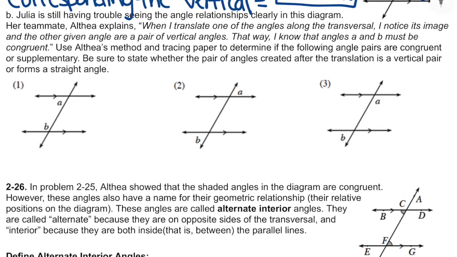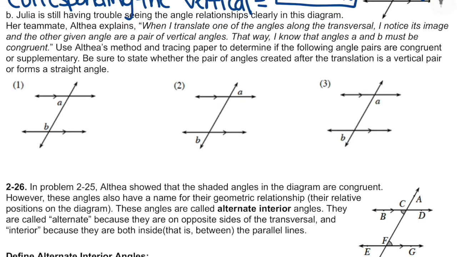Part B, it says, Julia is still having trouble seeing the angle relationships clearly in this diagram. Her teammate, Althea, explains, when I translate one of the angles along the transversal, so she's actually literally using tracing paper. We didn't do that in the last one. I notice its image, so the result, and the other given angle are a pair of vertical angles. We figured that out. That way, I know the angles A and B must be congruent.